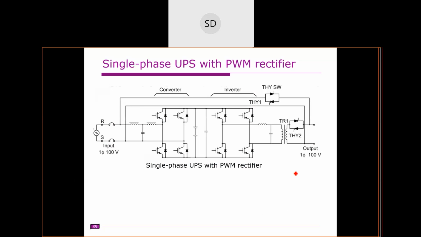So this is another application, which is used inside the UPS. You have the input supply here and some filtering here. This is converted by the PWM rectifier, and this is the battery, right?